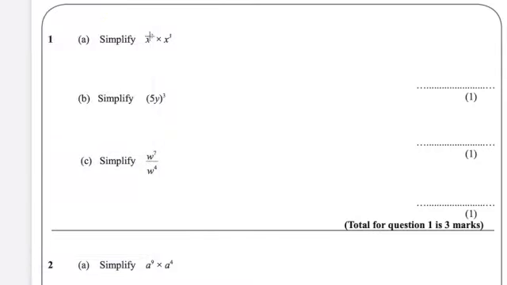It says simplify x to the power of 8 times x to the power of 3. So going back to rule 1, if it's a multiplication, you have to add the powers. So 8 plus 3 equals 11. So that is x to the power of 11.